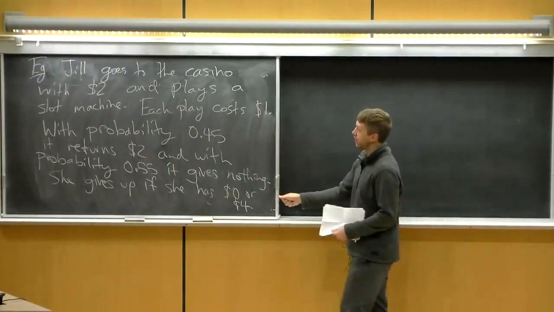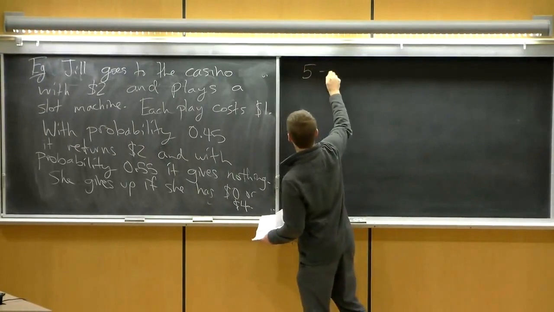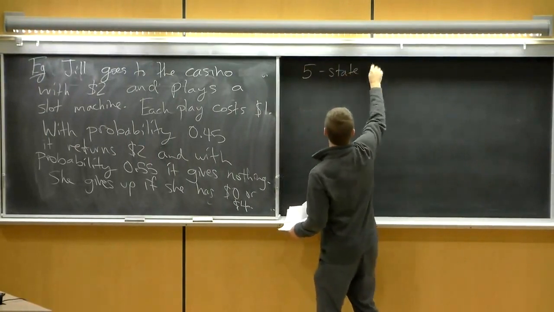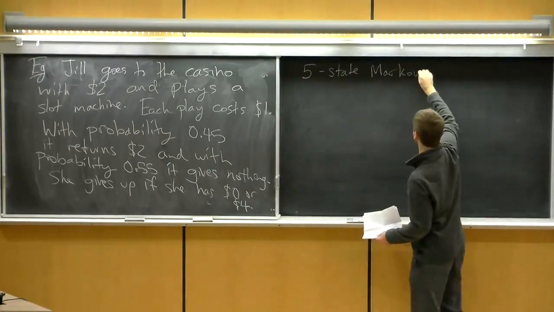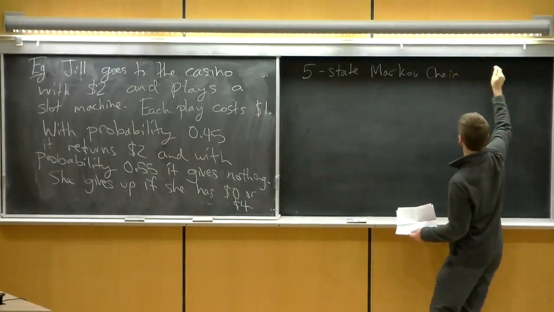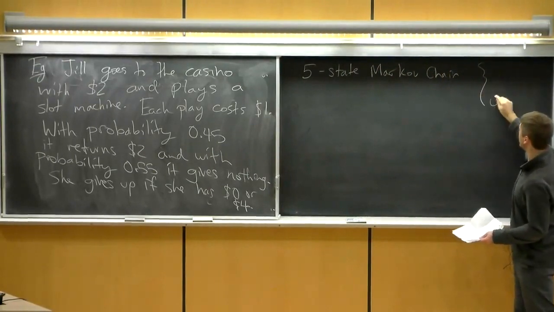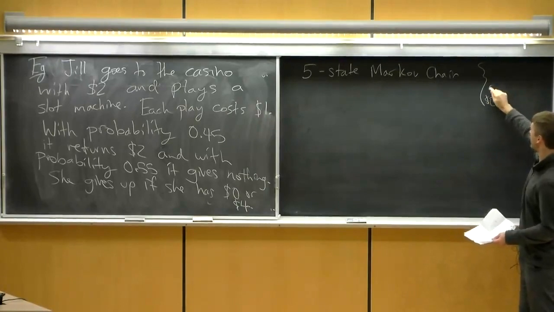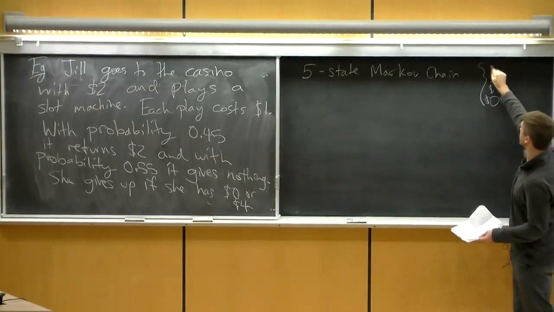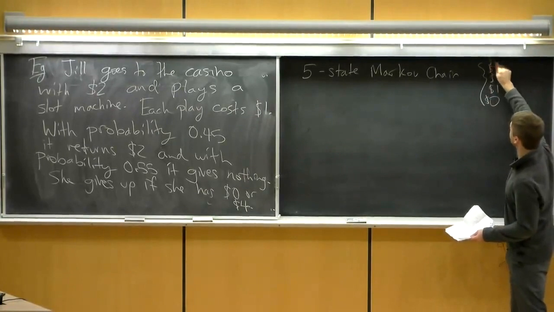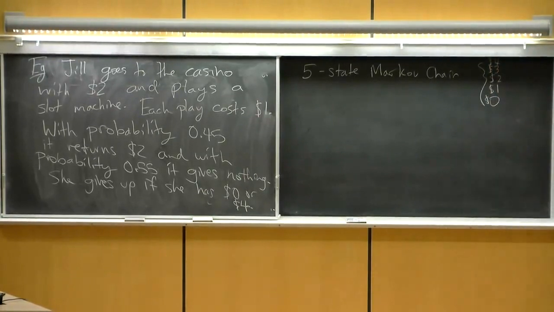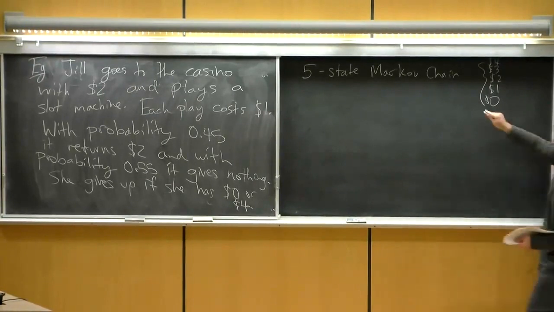So it turns out this is a 5-state Markov chain, where our states are that she could have $0, $1, $2, $3, or $4. She can't go higher than $4 though, because if she gets to $4, she quits, right? So these are our 5 states.